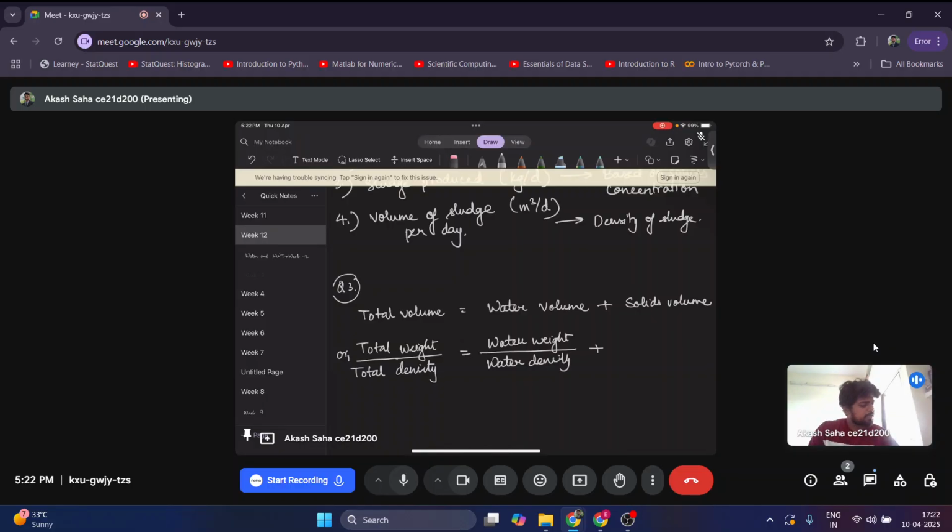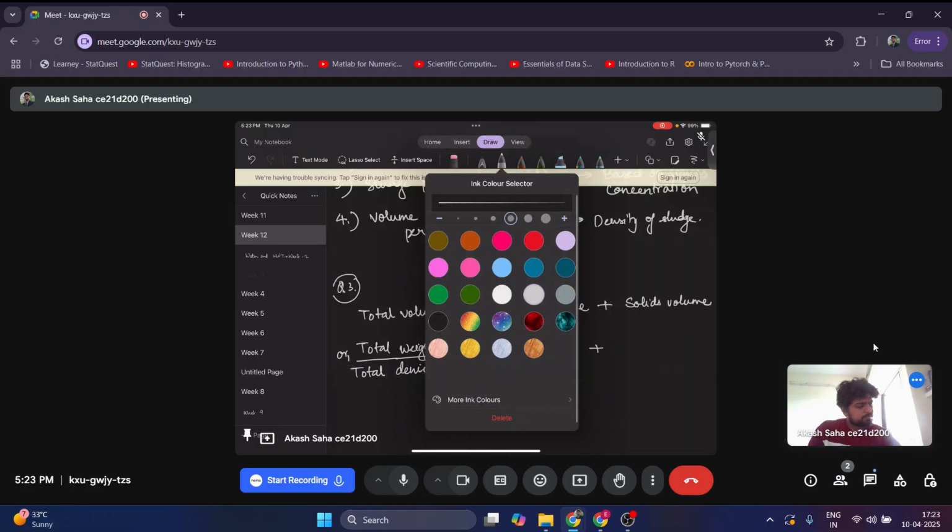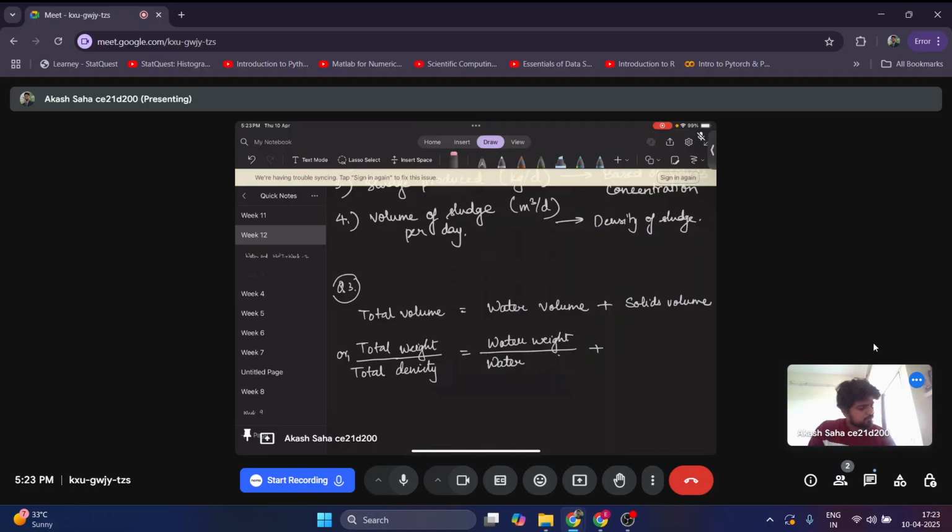And also we can write solids weight by solids density.